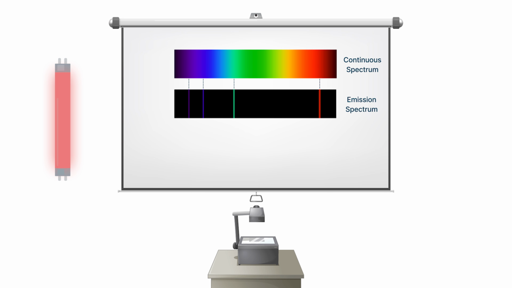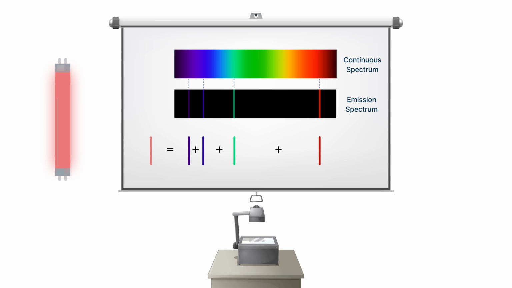It is just that the light from hydrogen is missing the vast majority of frequencies that are in white light and contains only the four specific frequencies or colors that we see here. Note also that in the same way that the prism split white light before into all its component frequencies and colors, the prism now is splitting the light that is coming off the hydrogen into its component frequencies.